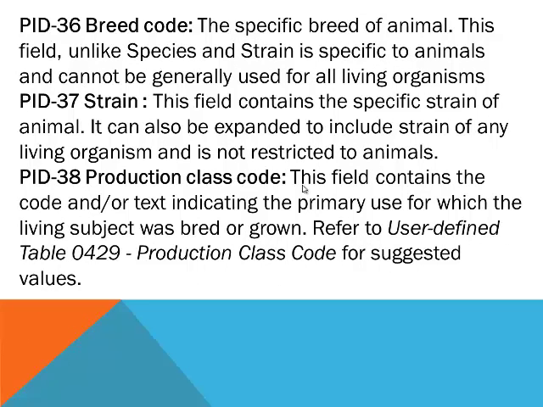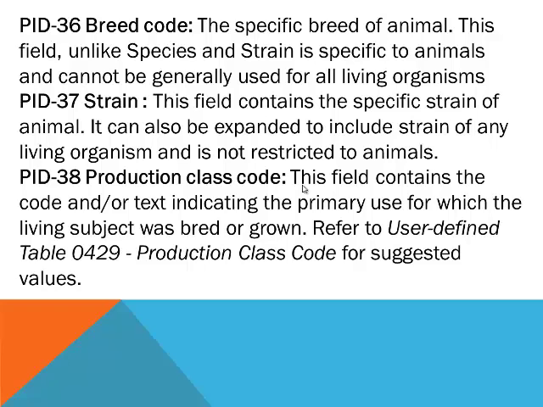So also we have PID 36, 37, 38. 36 is breed code. In fact, this field is the specific breed of animal. Unlike the species and strain, it is specific to animals and it cannot be generally used for all living organisms.